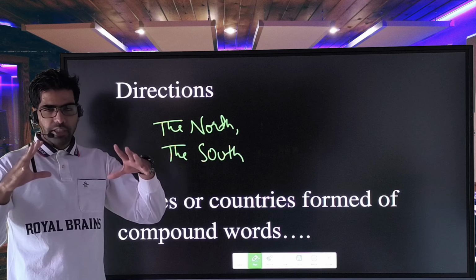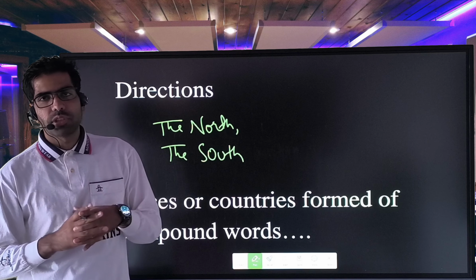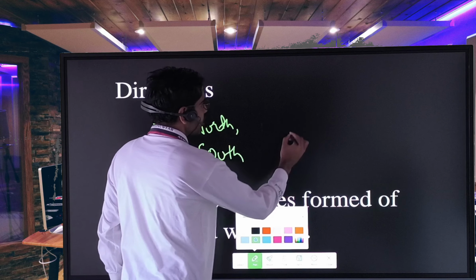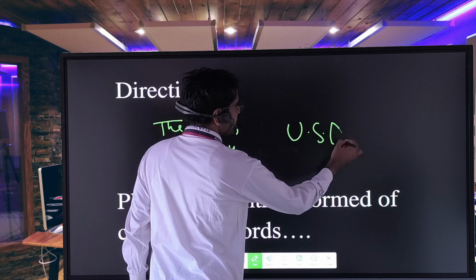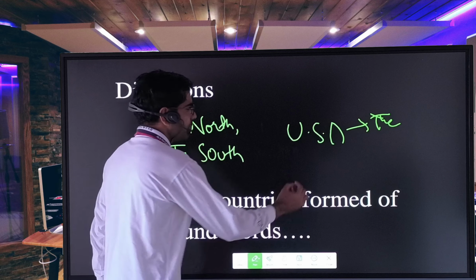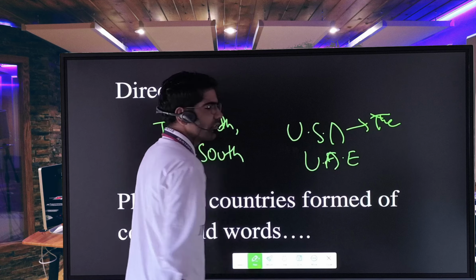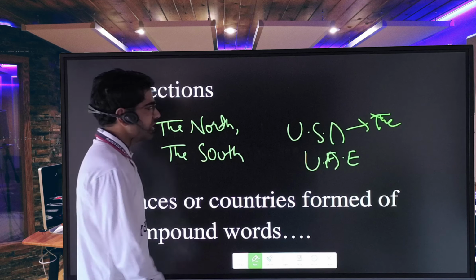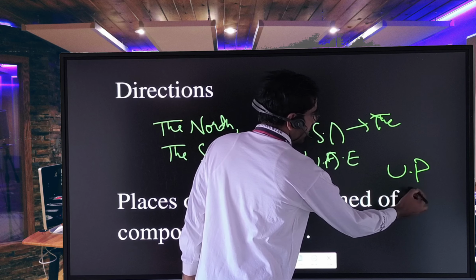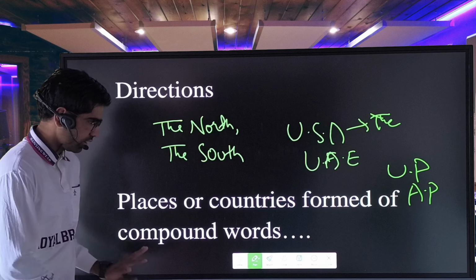Compound words से जो countries या कुछ जगह जो बनी हैं, तो वहां पे हमेशा यूज करना है आर्टिकल the। जैसे हम बात करेंगे अभी the USA, इनके साथ the आर्टिकल यूज कर सकते हैं। Got it? अब मैं कहूंगा the UAE, got it। इसी तरह मैं कहूंगा the UP, ठीक है ना, इसी तरह मैं कहूंगा the AP, इनके साथ आर्टिकल the ही यूज करना है, got it.